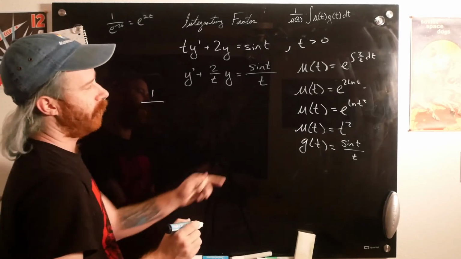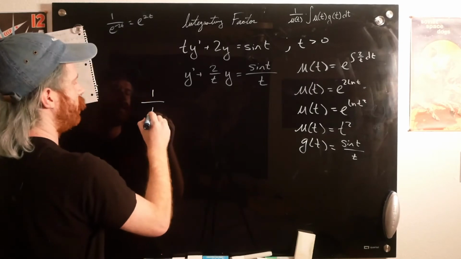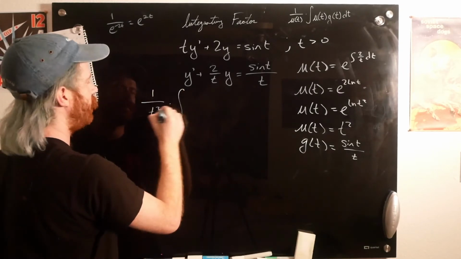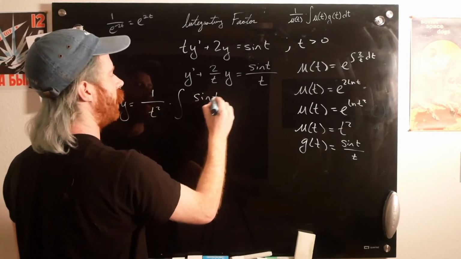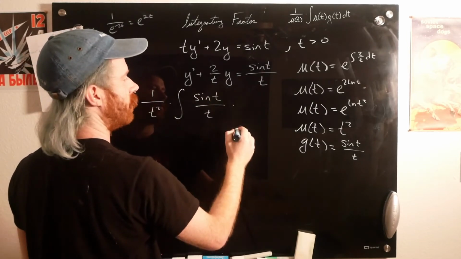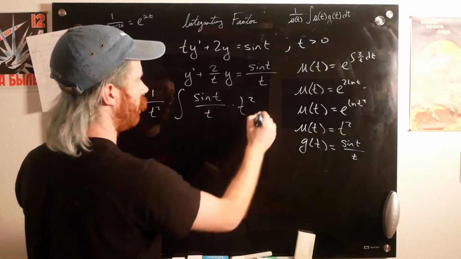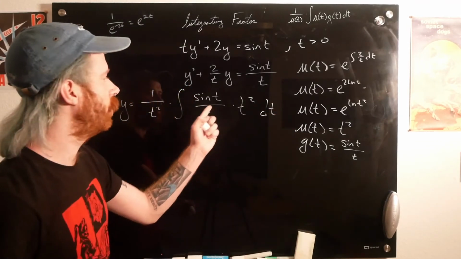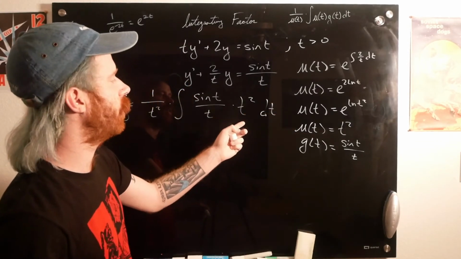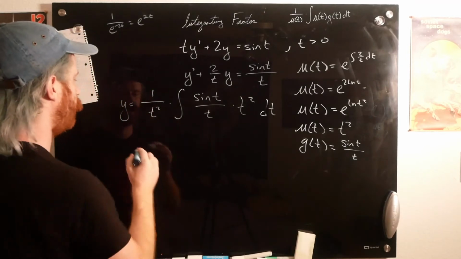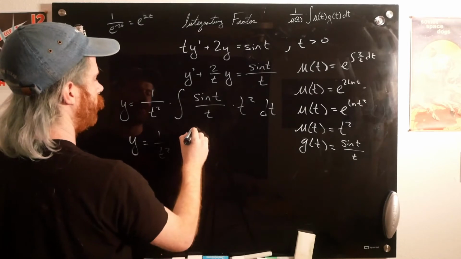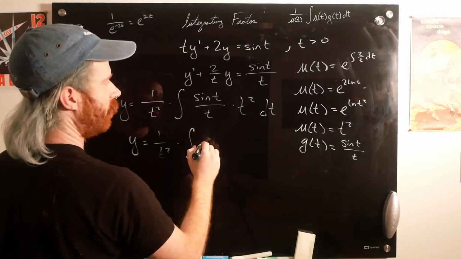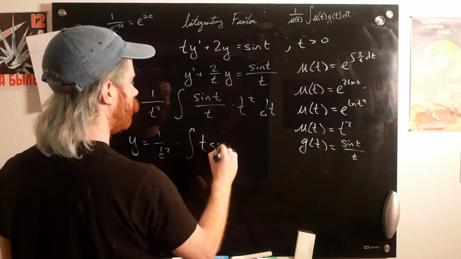So 1 over mu of t is equal to t squared times the integral of g of t, which is sine of t over t times t squared dt. So mu of t is t squared, g of t is sine of t over t. So this is going to give us y equals 1 over t squared times the integral of t sine of t dt.